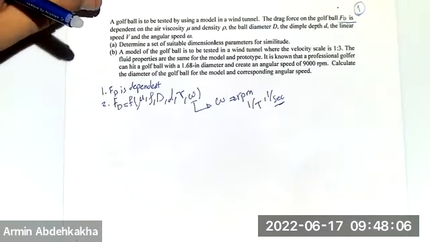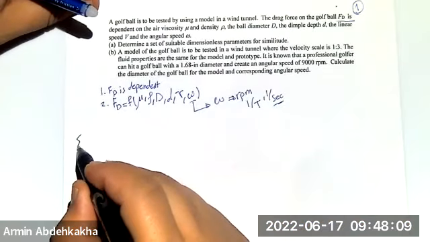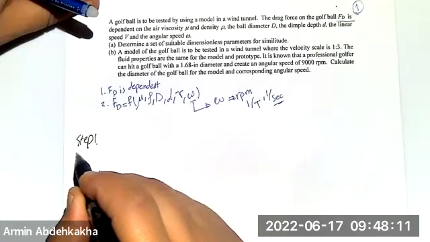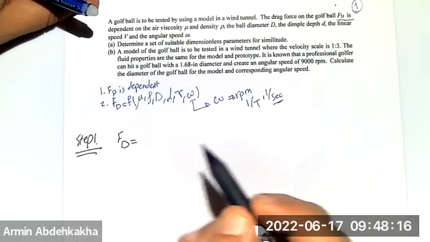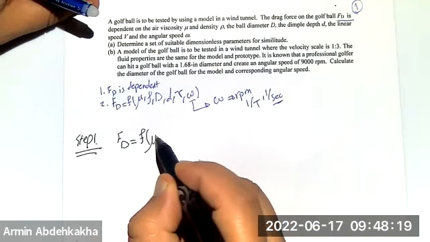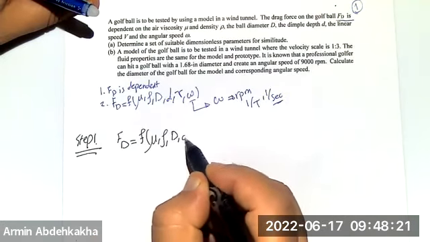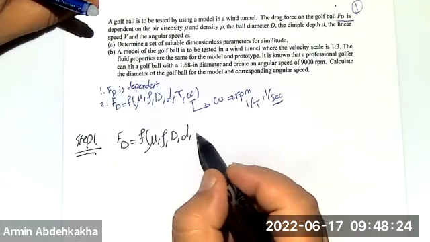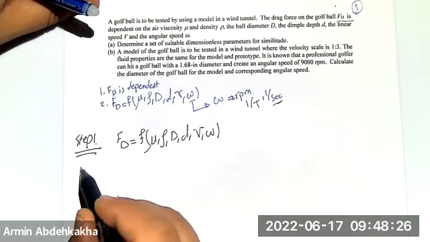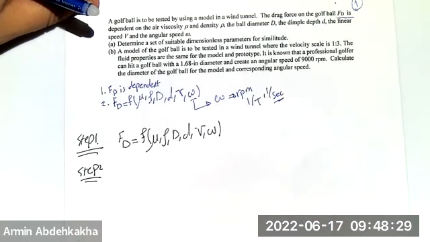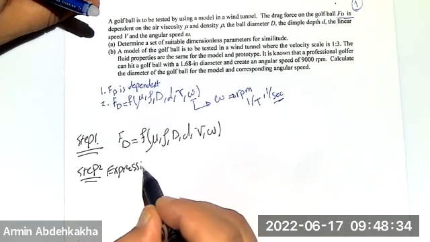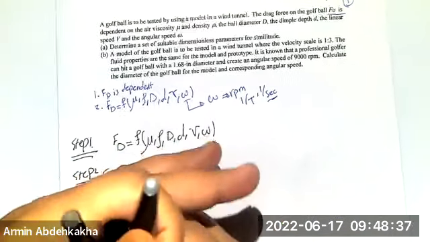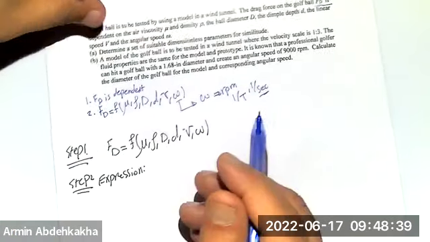A, determine the set of suitable dimensionless parameters for simulation. So apply the pattern. Step 1: list variables. FD is a function of mu, rho, D, d, V, and omega. Step 2: expression. You have to express those in the FLT or MLT system.